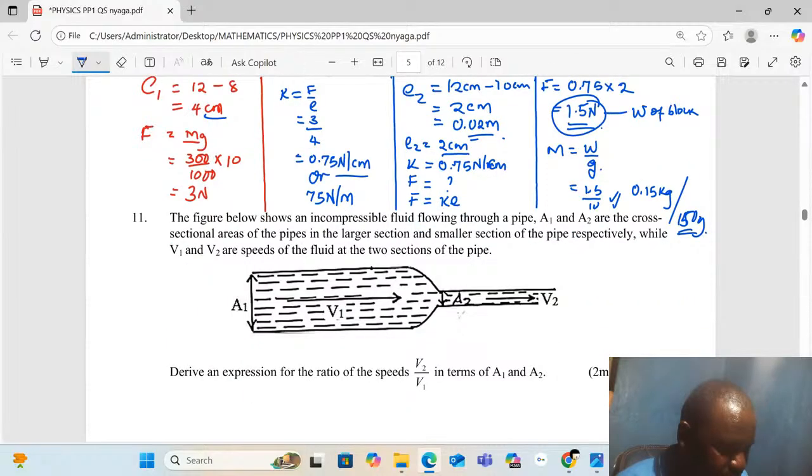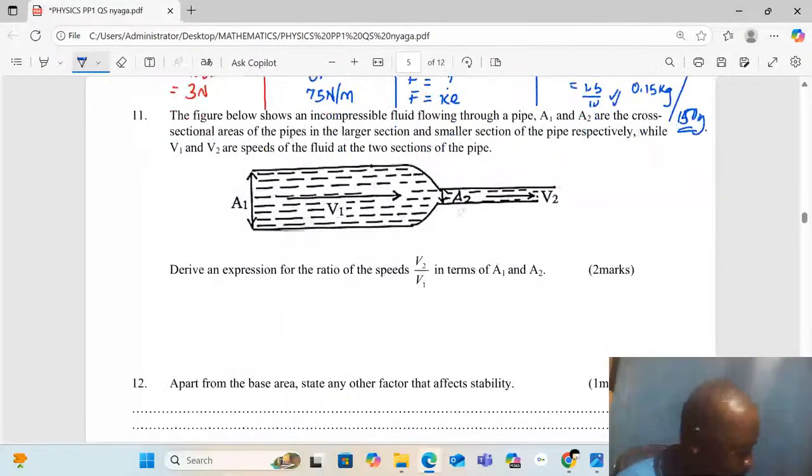We have question 11. The figure below shows an incompressible fluid flowing through a pipe with A1 and A2. These A1 and A2 are cross-sectional areas of the pipes.